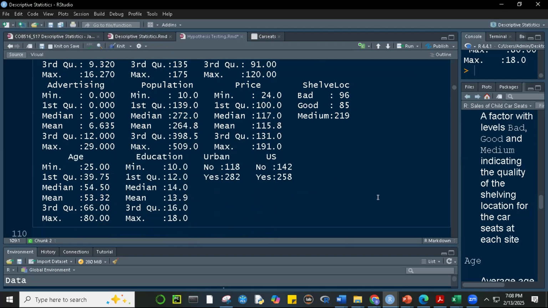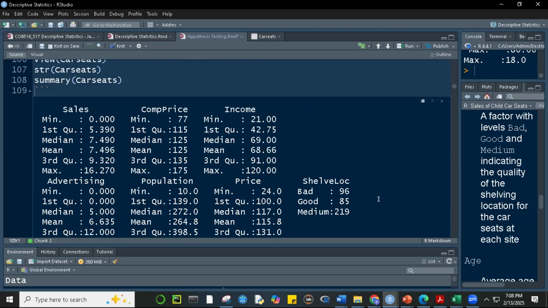The other quantitative variables will have the first quartile, the second quartile which is the median, the third quartile, and then the average, and your minimum and maximum values.